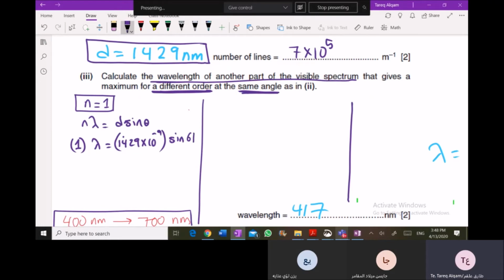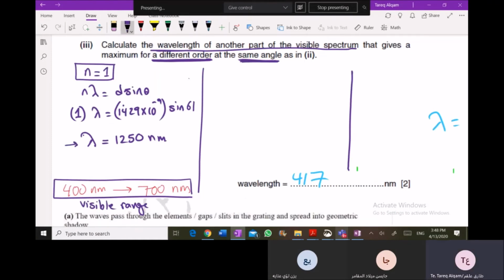Why sine 61? Because it's given to us at the same angle. If I do this calculation, I will get this. Guys, if you compare this result with the visible range, it's outside the range. Is that clear?